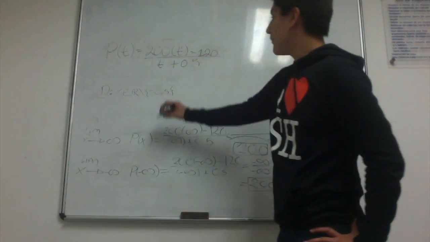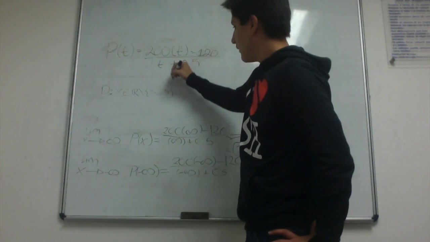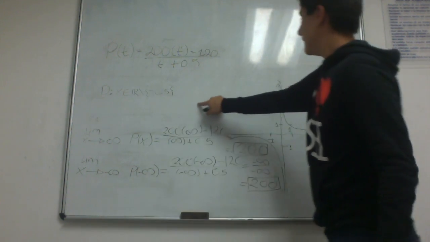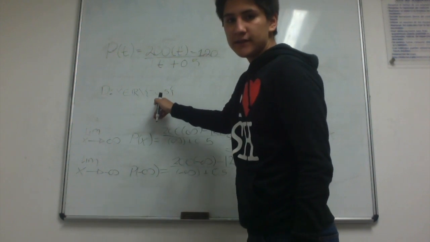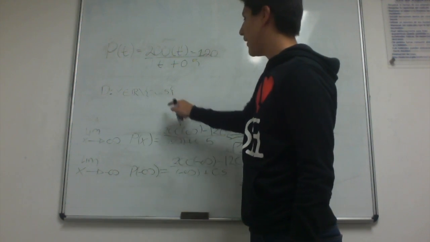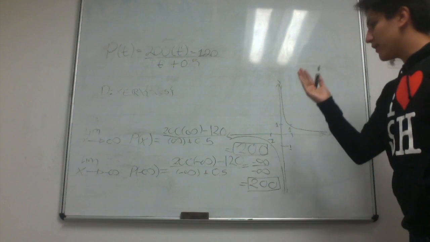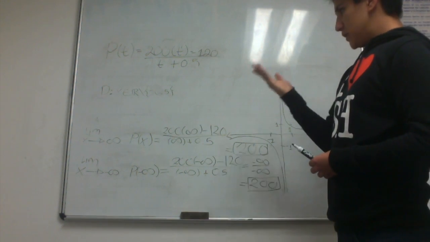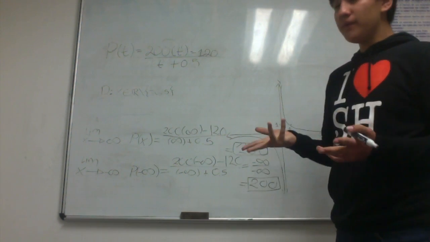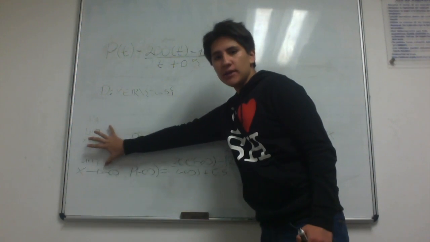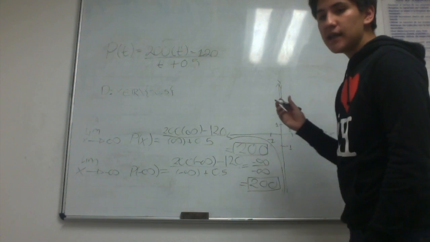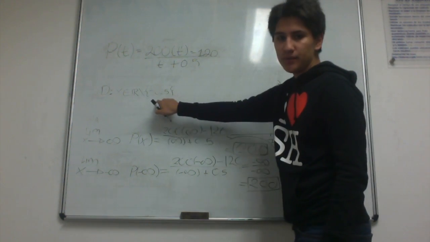Do you remember this term? This means that in the domain we're not going to include this term, minus 0.5, which could be our vertical asymptote. To prove it, we're going to do the same as with the limits, but this time with this term.